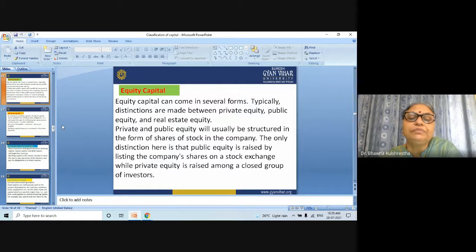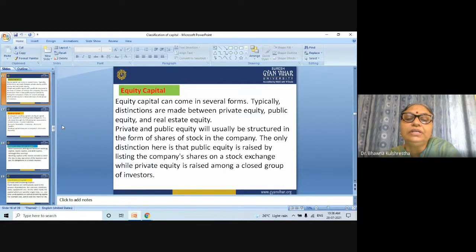Private and public equity will usually be structured in the form of shares of stock in the company.